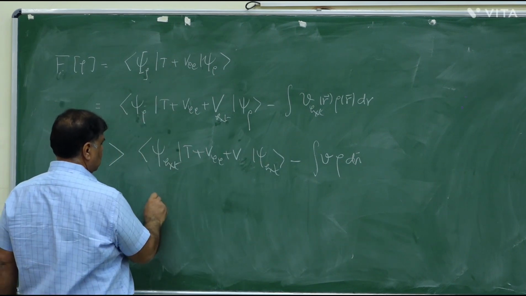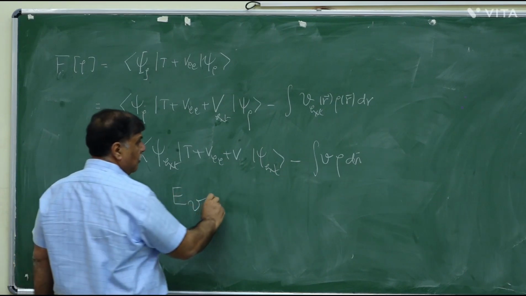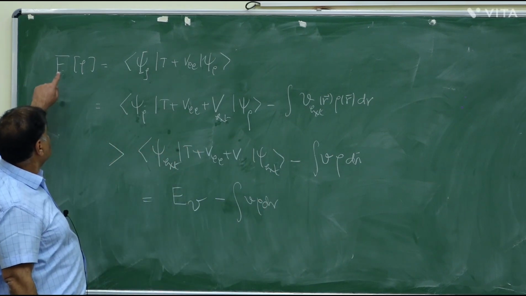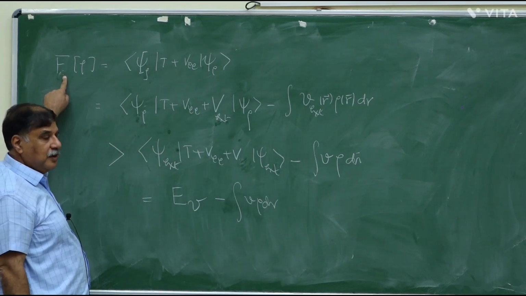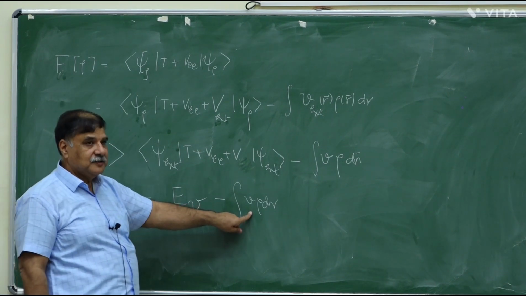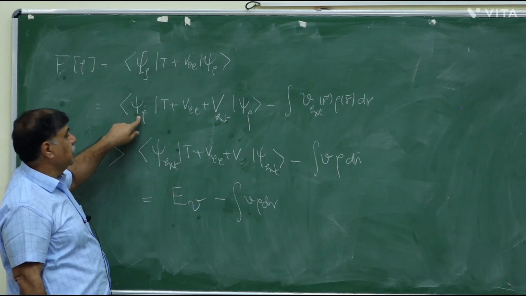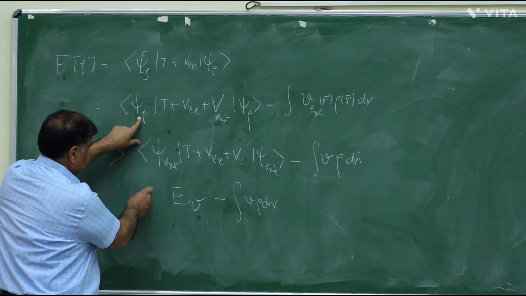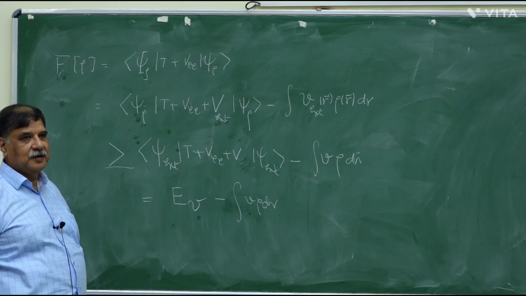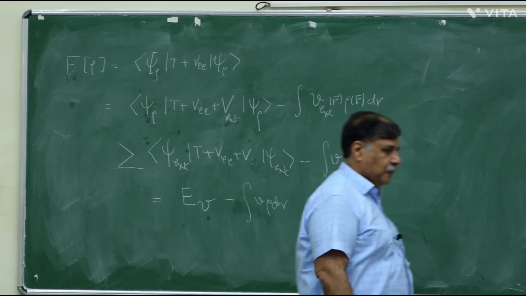And this is nothing but E corresponding to this V minus integration V rho dr. So F corresponding to anything is greater than that for any other V minus this. It would be equality if V corresponds to this. Okay? So it has to be maximum. It has to reach towards the maximum. Fine? Does that answer your question? Okay.